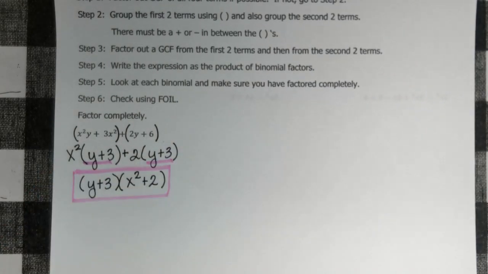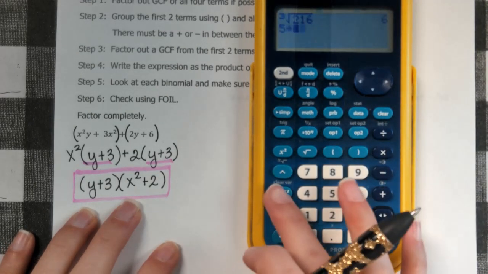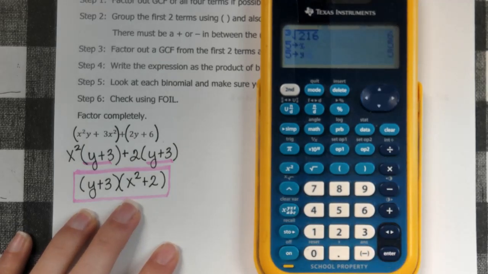So you group it, you take 2 mini GCFs out, and you take that one repeated parentheses out of the big GCF. Did you check this with putting multiple variables down in the calculator? Yes, if you wanted to do 5 stored for X, and 5 stored for Y, it's fine if it's the same number.